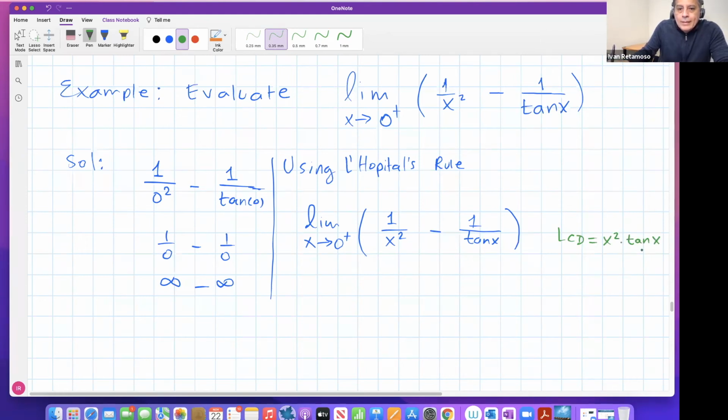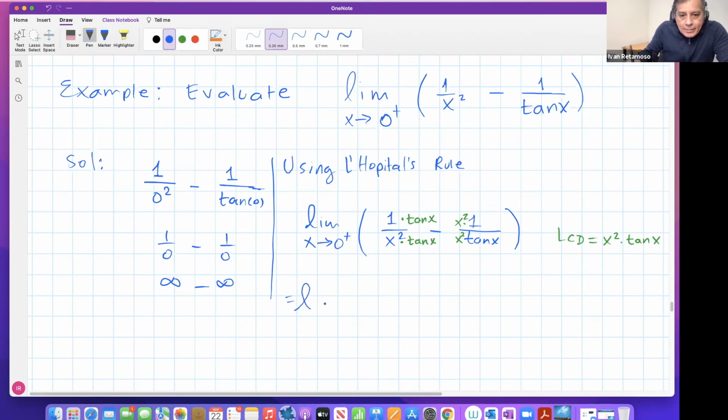That's the LCD. What does it mean? It means that this guy must be multiplied by tangent of x, numerator also by tangent of x, and this guy, to complete the LCD, by x squared, top and bottom. Now let's do the subtraction here.